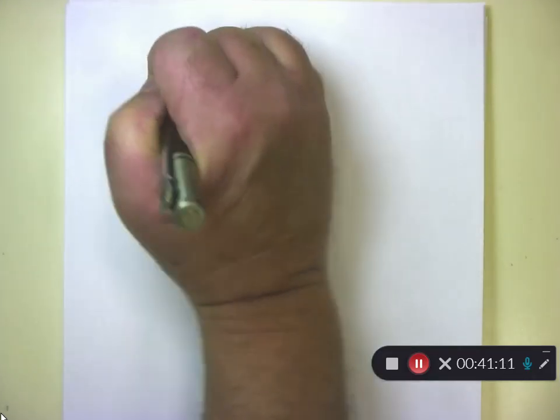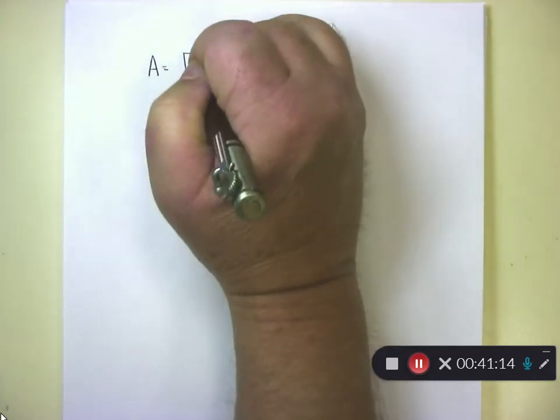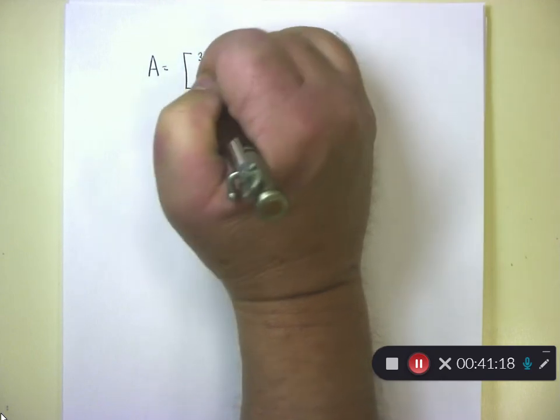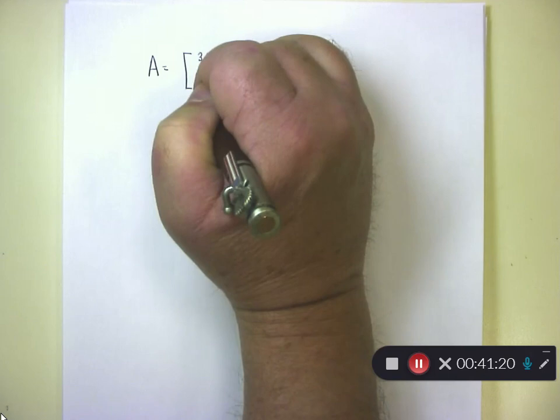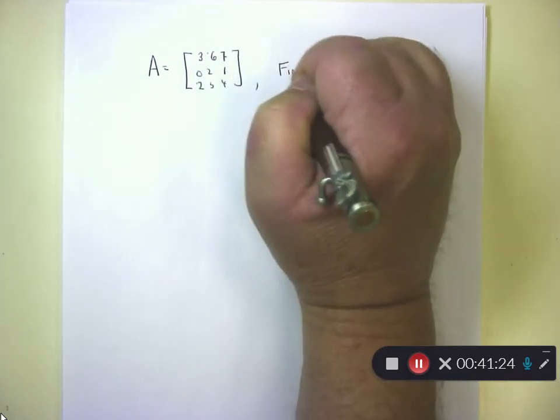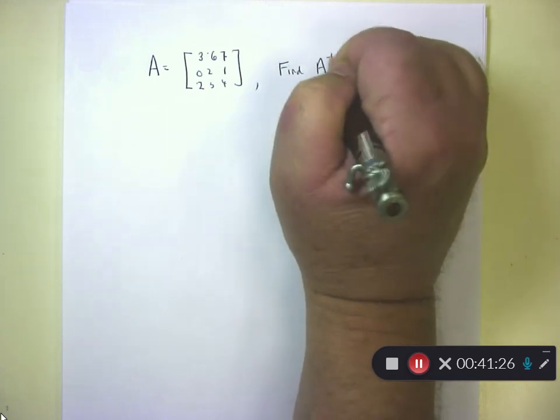But if I was going to do this, or better yet, if you were going to do this on my test, okay, here's matrix A. And I give you matrix A: 3, 6, 7, 0, 2, 1, 2, 3, 4. And I tell you guys to find A inverse.